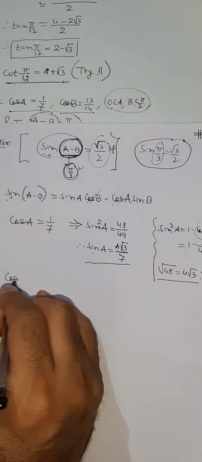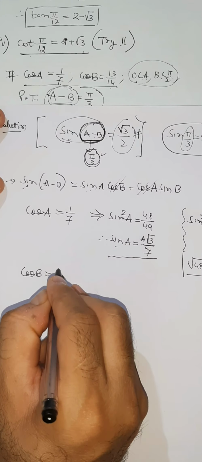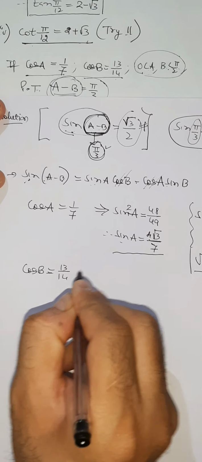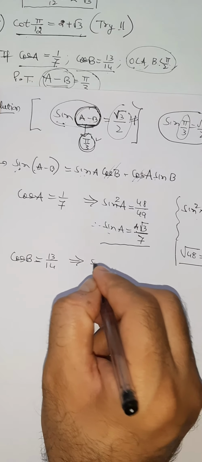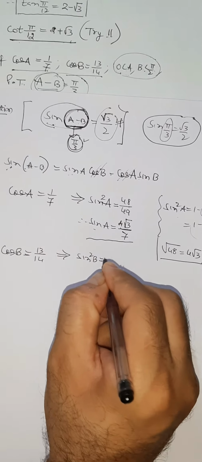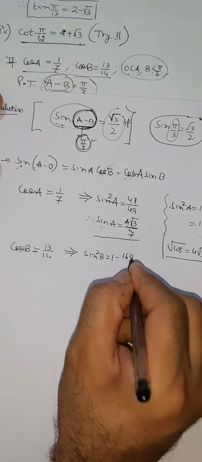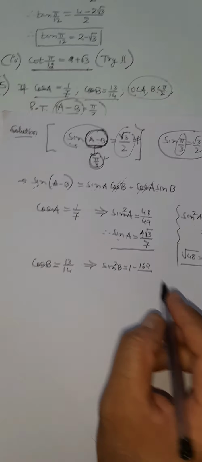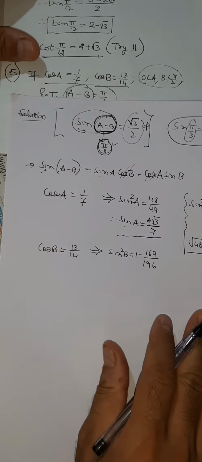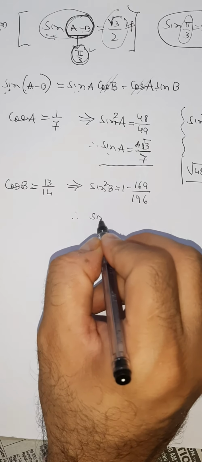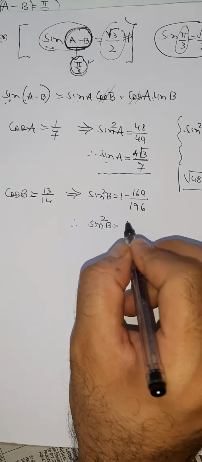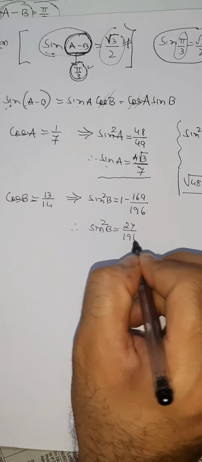Now go to cos B. What is cosine B? 13 by 14. So again use the same identity. Sine square B equals 1 minus 169 by 196. So sine square B equals 27 by 196.